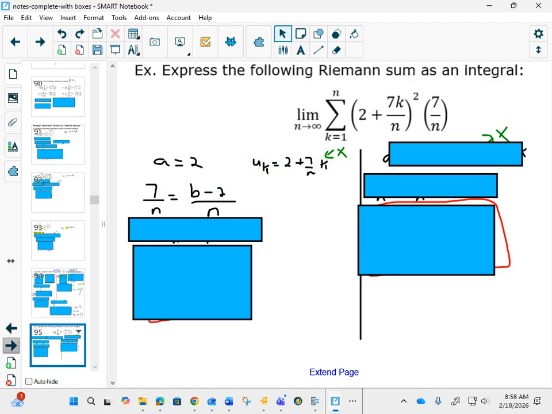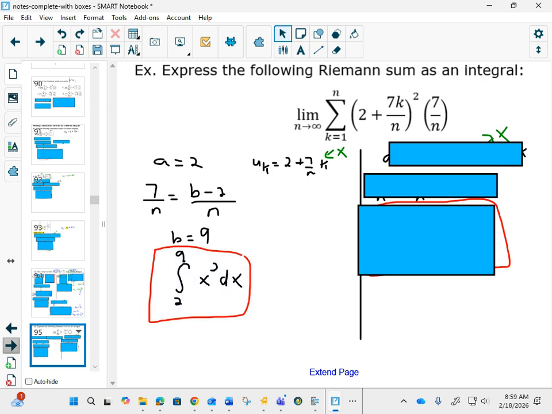I definitely choose my b value to be 9. And my change of x is 7 over n. This is what I would recommend, because then a plus your change of x times k, that substitutes in for your x. Life is easy.